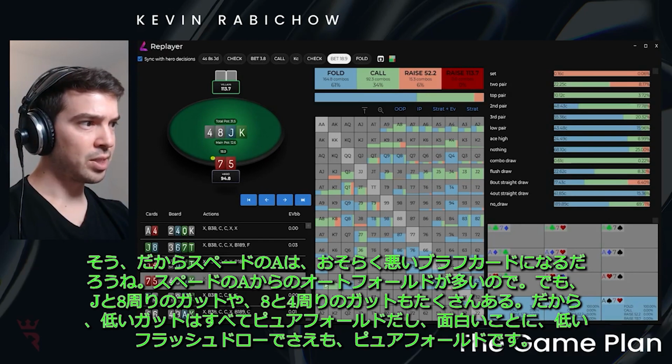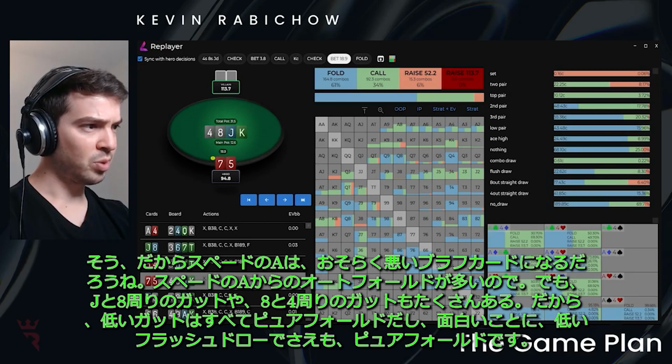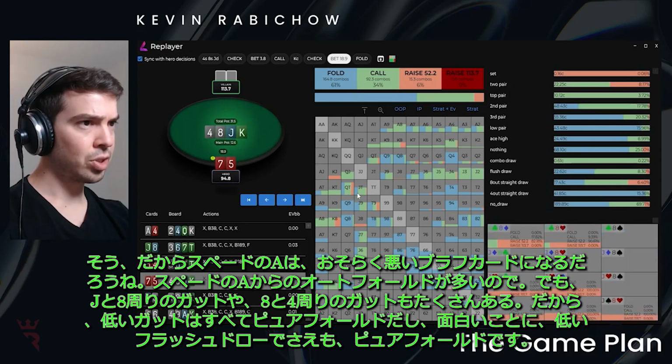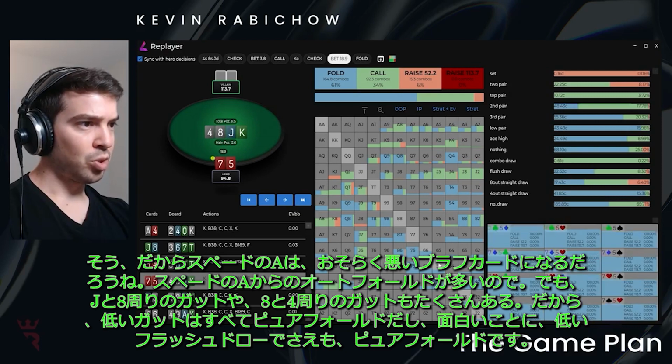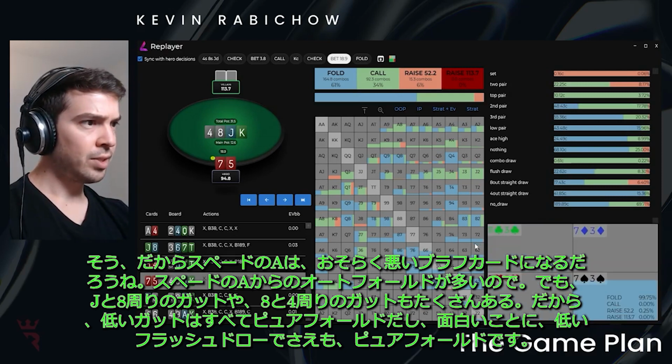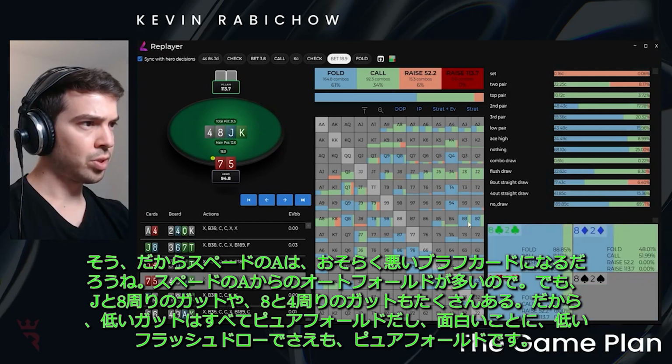Yeah, so ace of spades is probably going to be a bad bluff card, would be my guess, just because there are so many automatic folds from ace of spades. But there's also a lot of the gutters around the jack and the 8, and the gutters around the 8 and the 4. So all the low gutters are just pure folds. Even the low flush draws, interestingly enough, are pure folds.